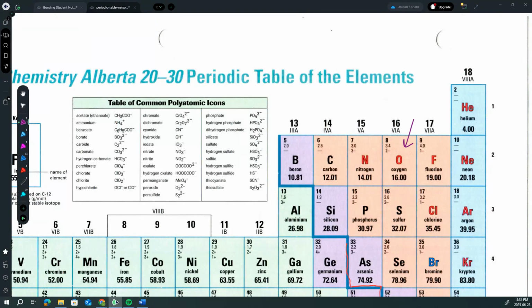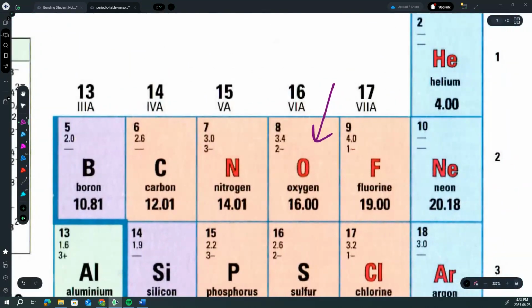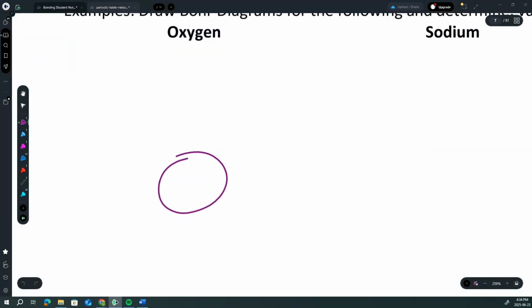I can look at my atomic number, which is 8, and the atomic number represents how many protons are in each atom of oxygen. So I'm going to write 8 protons. Now we need to figure out how many neutrons are in an atom of oxygen.